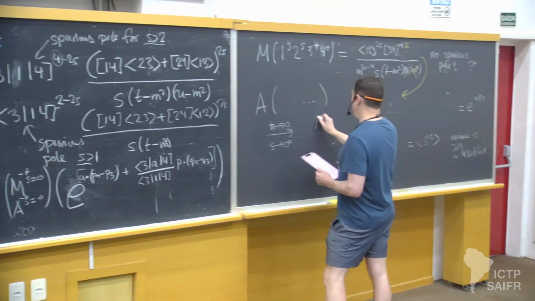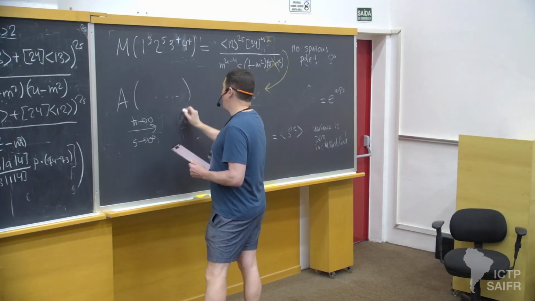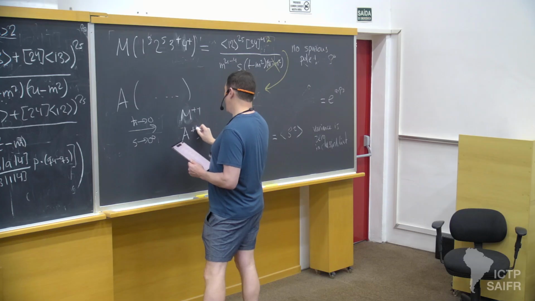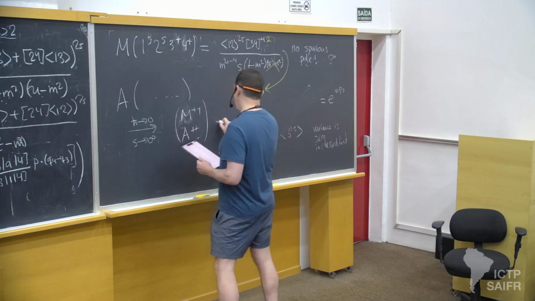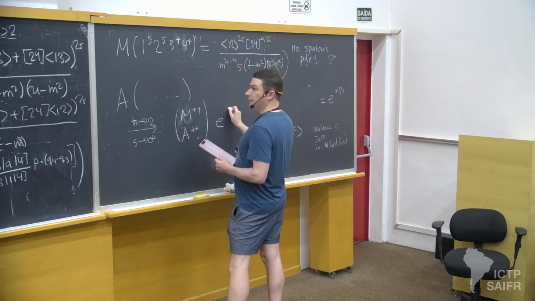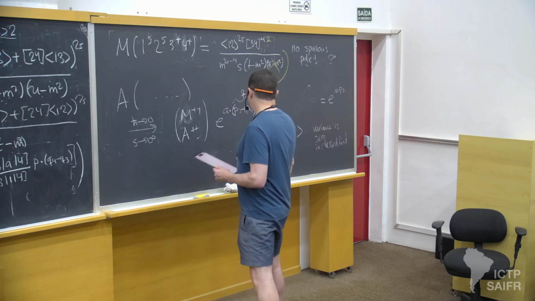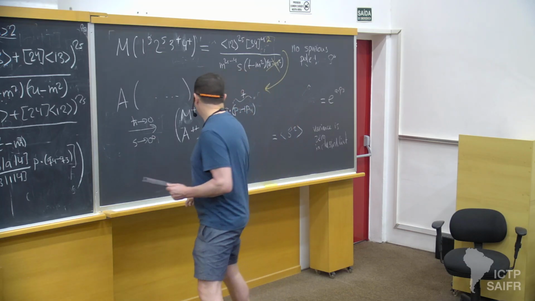So here you get M plus plus, A plus plus, and you get e to the a dot p3 plus p4. And this thing here you can also call q, and then it's exactly the same thing as the 3-point.